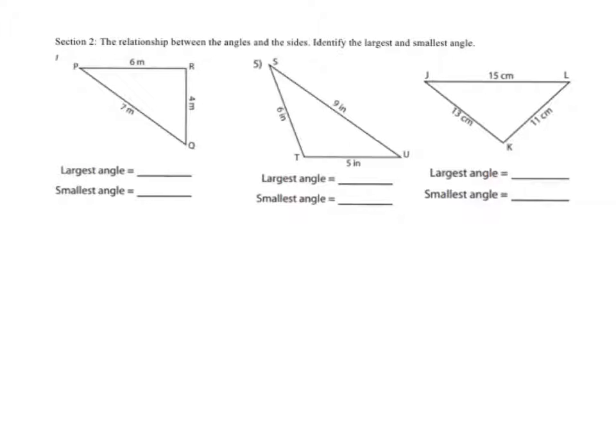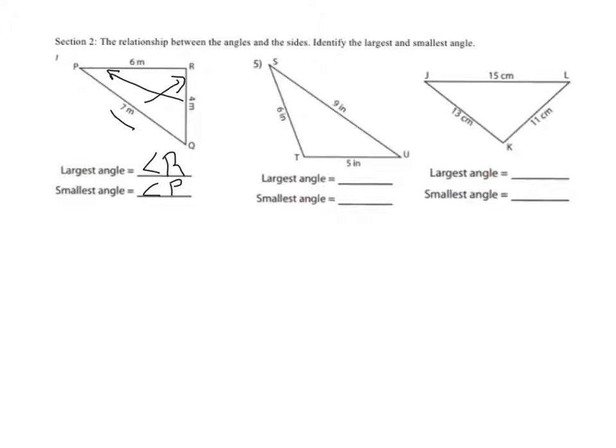So if I look at this first one, my largest side is 7. So I look at what angle is across from it. That would be angle R. Now I look at my smallest, which is 4, which is created by that angle, which is angle P, because those angles are the ones creating the sides.